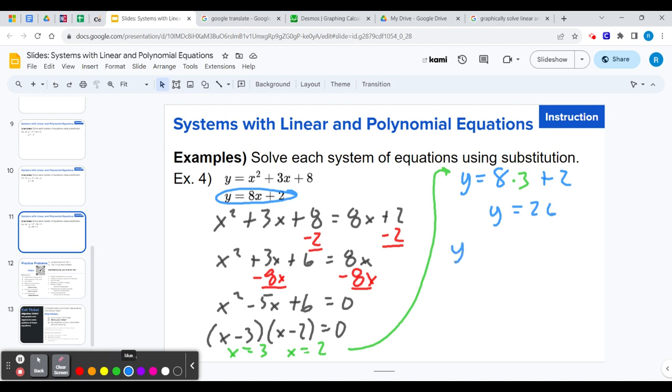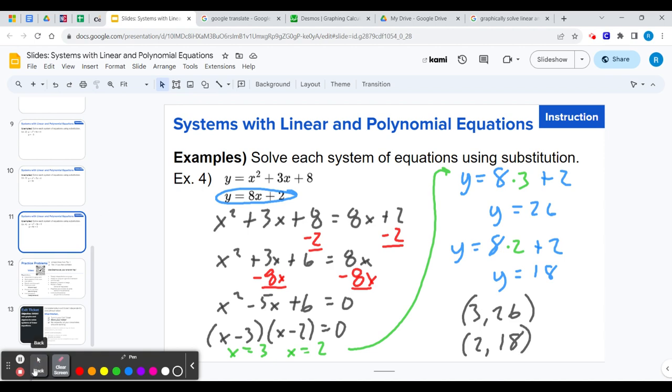And we also get y equals 8 times 2 plus 2. And that would give us 18. So our two ordered pairs are 3, comma 26, and 2, comma 18.